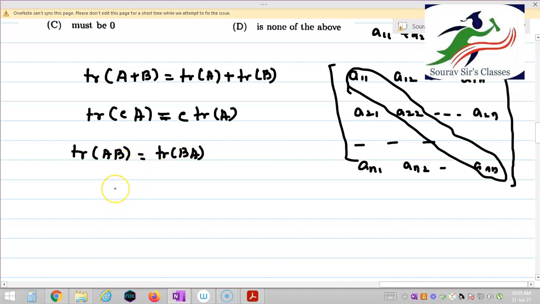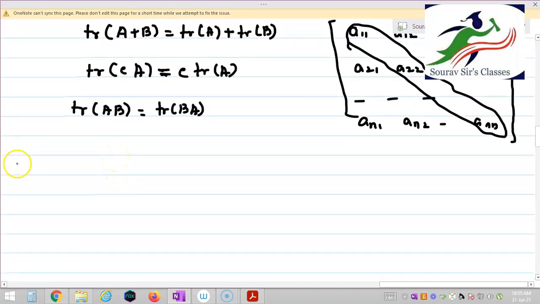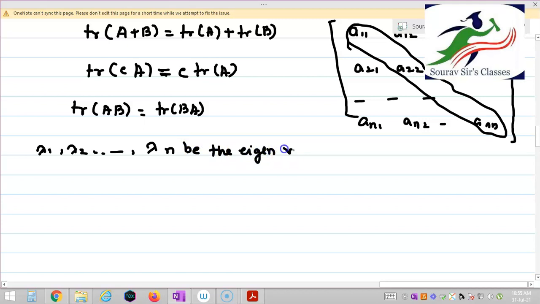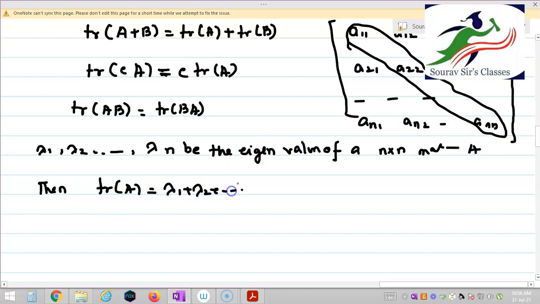And there is another result regarding trace: if lambda 1, lambda 2 up to lambda n are the eigenvalues of an n cross n matrix A, then trace of A is nothing but lambda 1 plus lambda 2 up to lambda n. This is the relation between the trace of a matrix and eigenvalues, and I am going to use this relation.